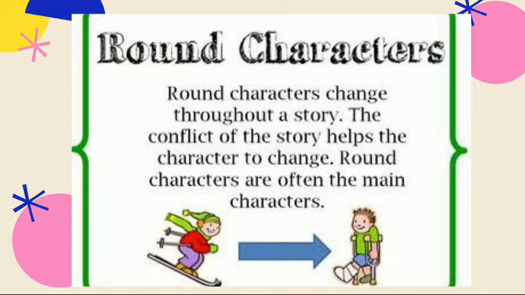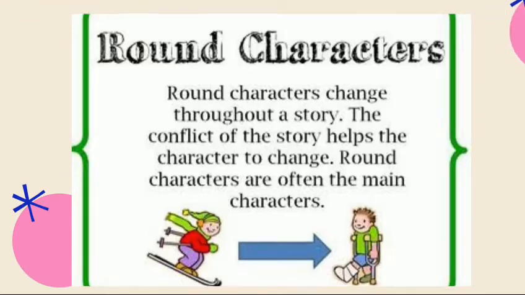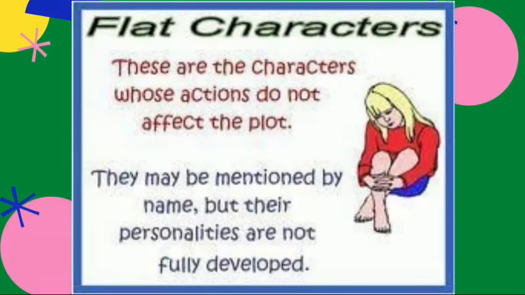You may not see it physically, but the character changes. His personality changes. His principles change. If this character was good at the beginning of the text, he may likely change to a bad character and vice versa.